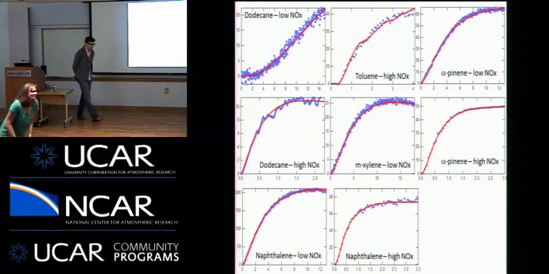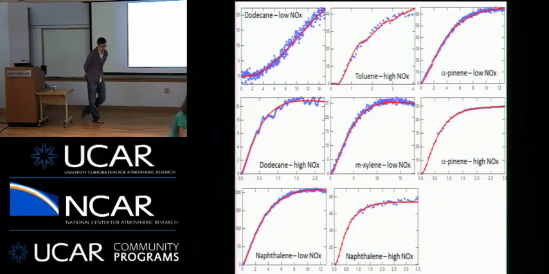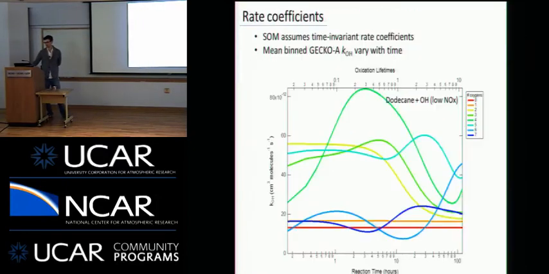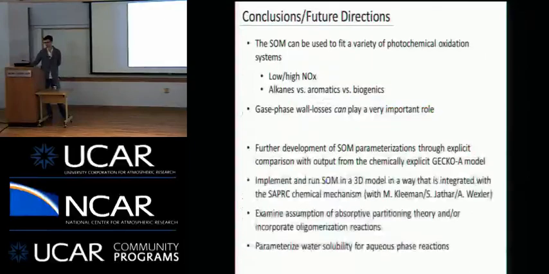Yeah. So wall losses, gas phase wall losses, I can get them close for any chamber, but how close is the question? And I think I have a cartoon here at the end that I threw in.